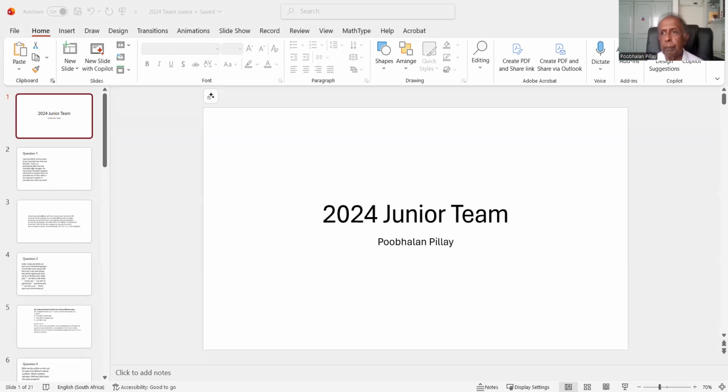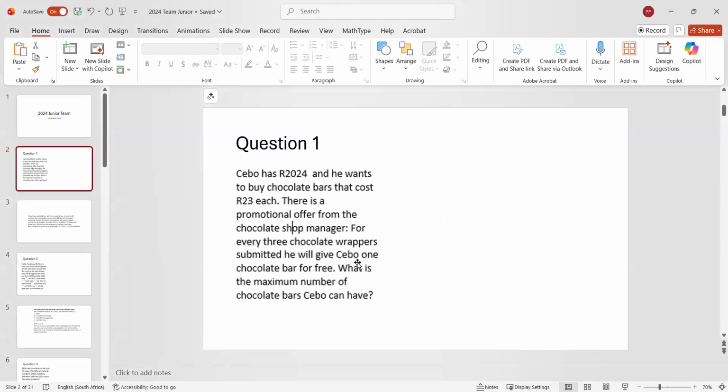Okay, so here we go. First question. Sebo has 2,024 rands, and he wants to buy chocolate bars that cost 23 rands each. Let's see how many chocolate bars he can buy.